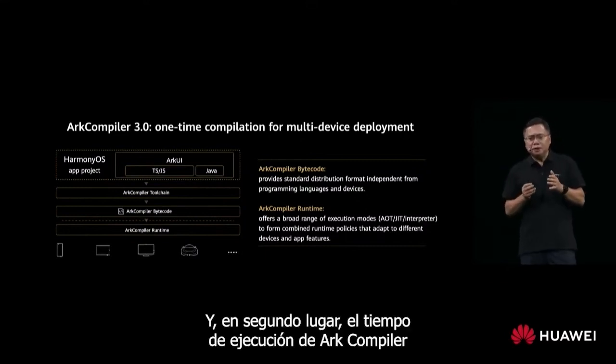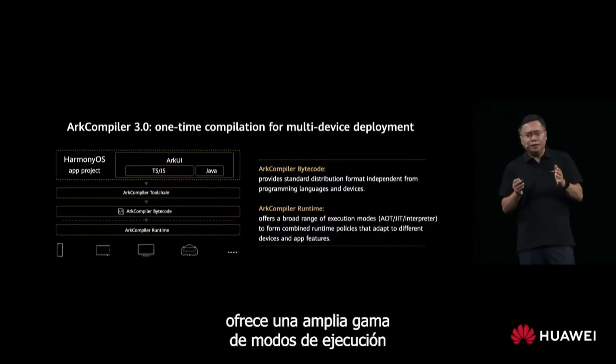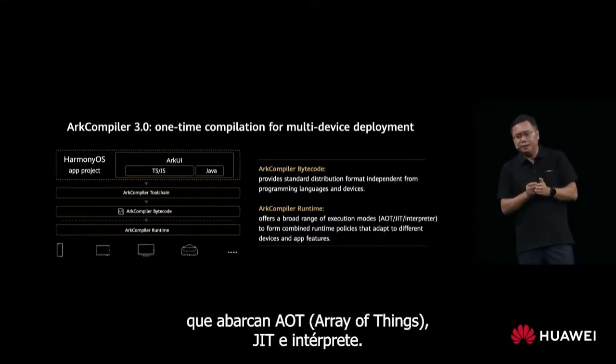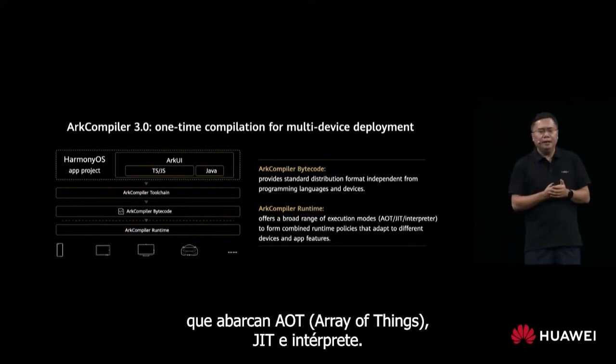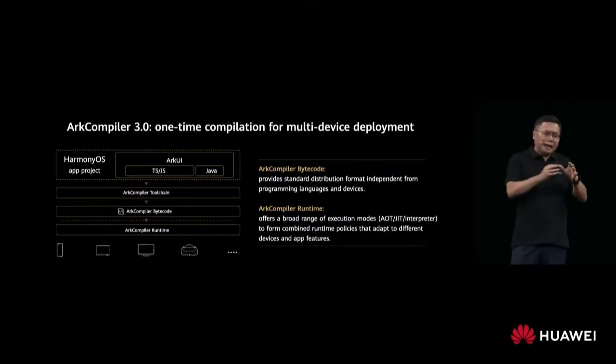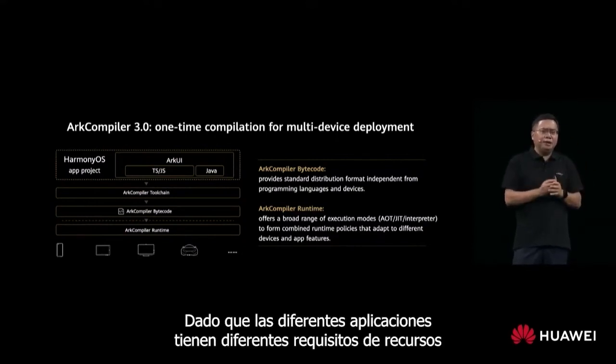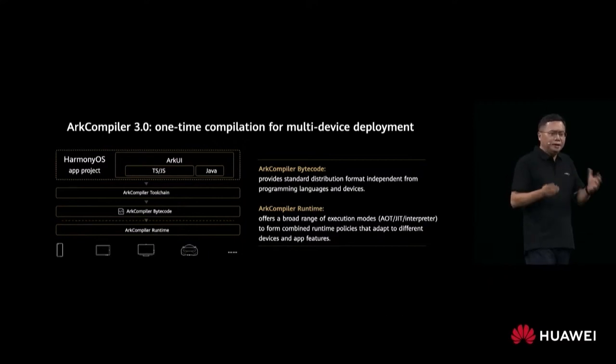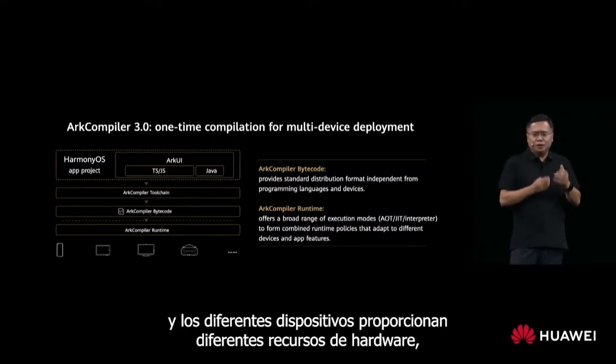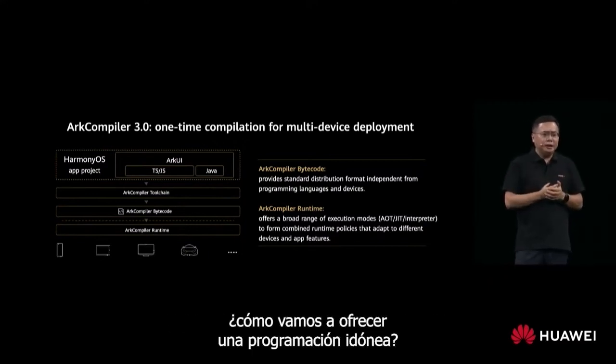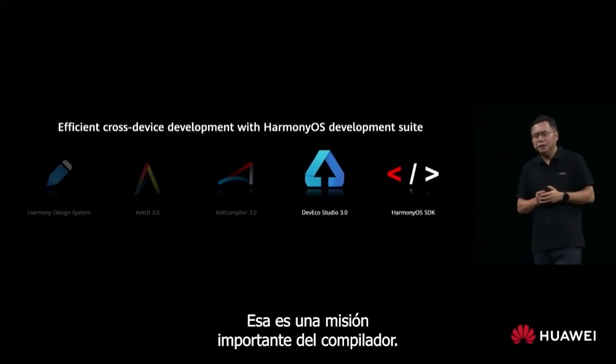The second, Arc Compiler Runtime, offers a broad range of execution modes that covers AOT, JIT, and interpreter. Because different applications have different requirements on resources, and different devices provide different hardware resources, how are we going to offer good scheduling? That is an important mission of the compiler.